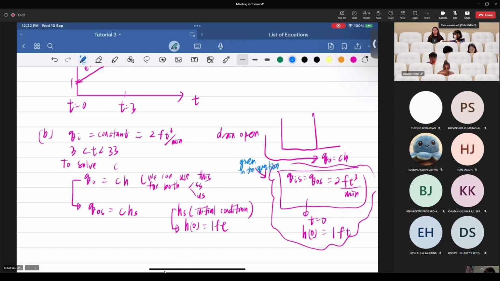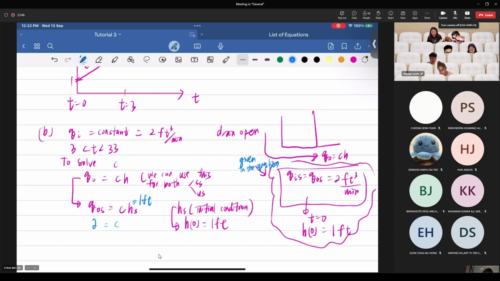At time equals to 0, Qi and Q0 equal to 2, and the level during that time is 1 foot. So your Q0 is 2, H is 1, so your C finally will be 2.